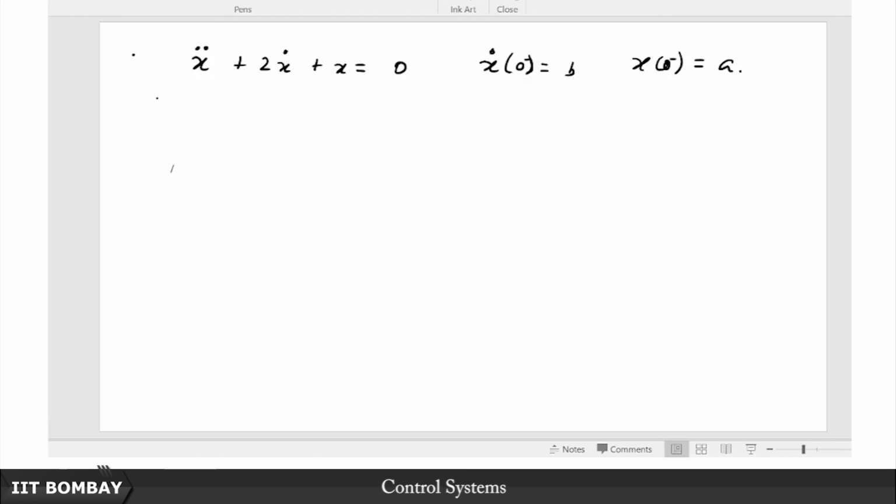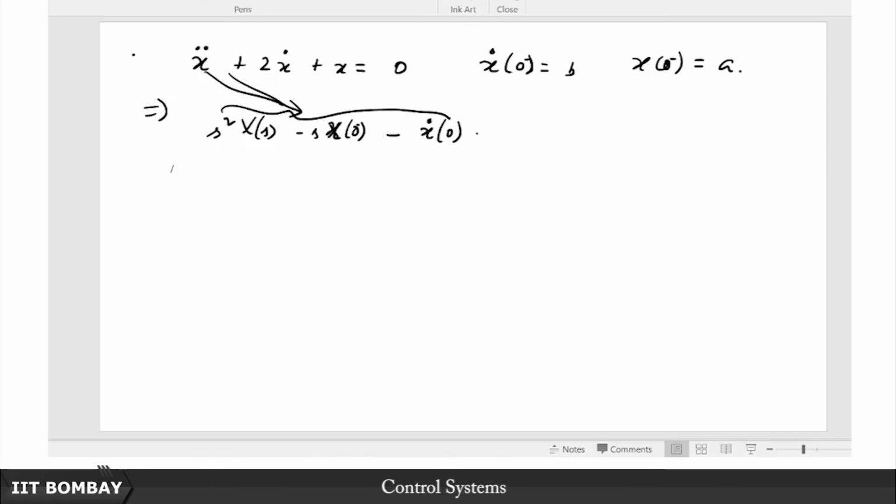So now again we use the same technique of Laplace transforms. So s squared X(s) minus s x(0 minus) minus x dot 0 is the Laplace transform of this term.